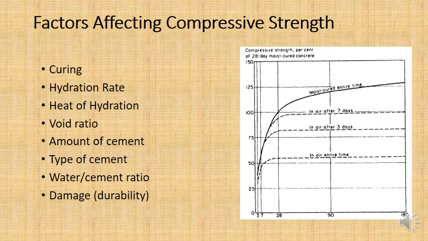The other thing is void ratio from lack of compaction. This can actually cause big air pockets to be inside the concrete that give no strength to the concrete. A high void ratio means a low compressive strength. Equally, the void ratio is influenced by the type of cement you're using.